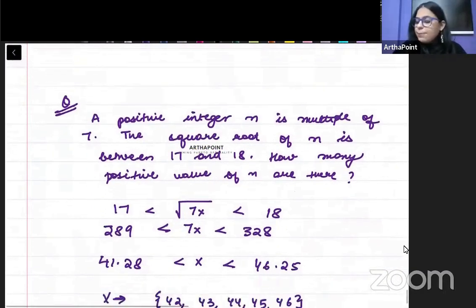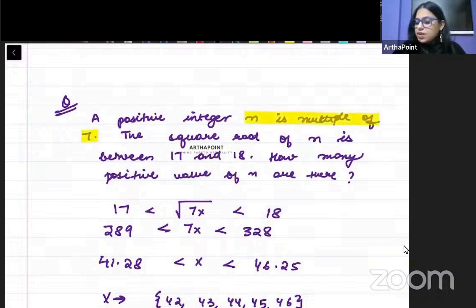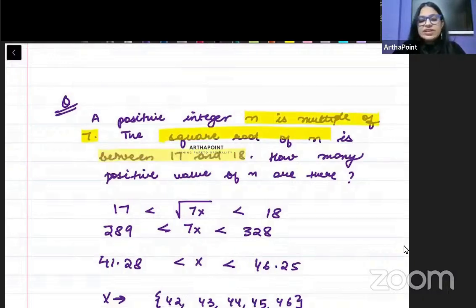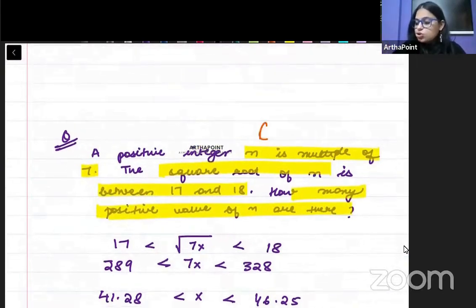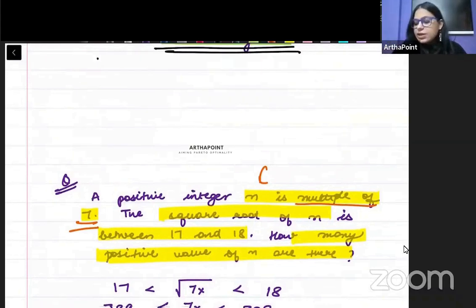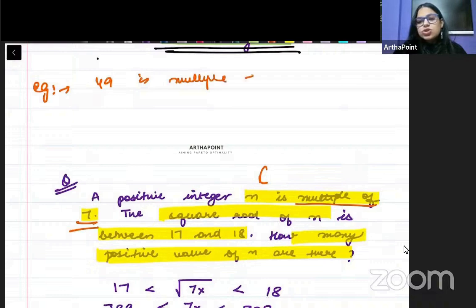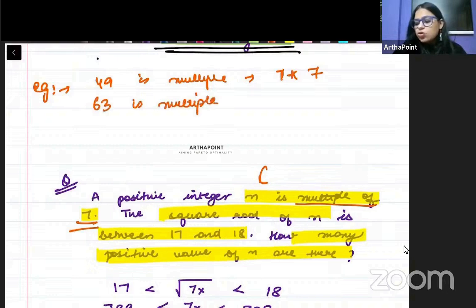Read it out. A positive integer n is a multiple of 7. The square root of n is between 17 and 18. How many positive values of n are there? So it says there is an integer which is a multiple of 7. For example, 49 is a multiple of 7, so you can write 49 as 7 into 7. 63 is a multiple of 7, so you can write 63 as 7 into 9.